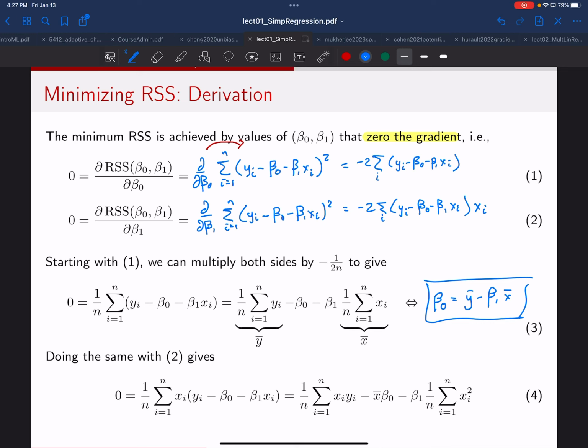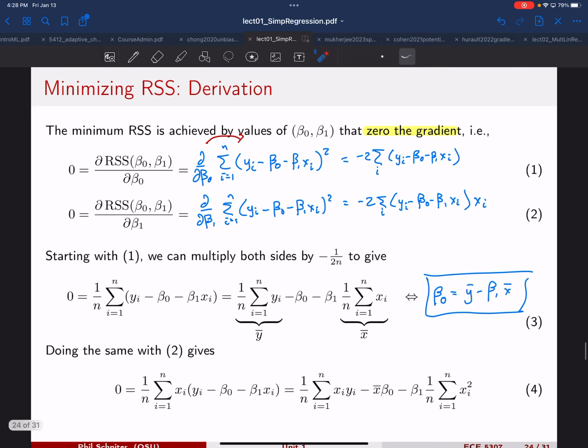Okay, any questions on this first one? Okay, so we're going to do the same thing with the second equation. That's going to give us 0 equals 1 over n times this sum. And here I happen to write the xi in front of that bracketed expression.